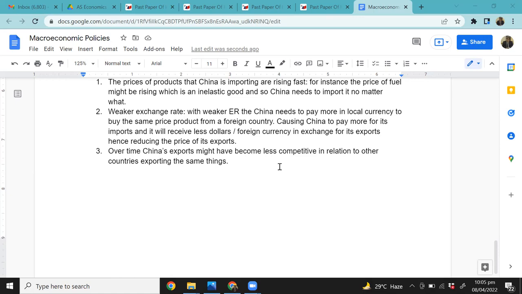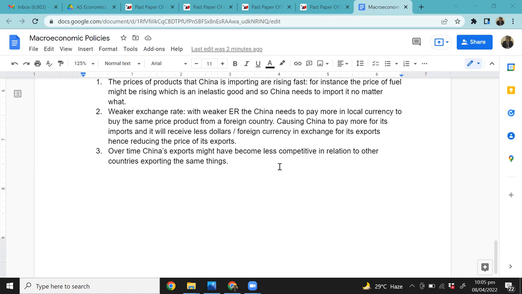Bangladesh exports textiles, Pakistan exports textiles, but a lot of business of Pakistani textiles has been taken by Bangladesh. Why? Because in the past few years, our rate of inflation has been very high. So the same product that we export is more expensive, and the same quality product that Bangladesh is exporting to other countries is relatively cheaper.